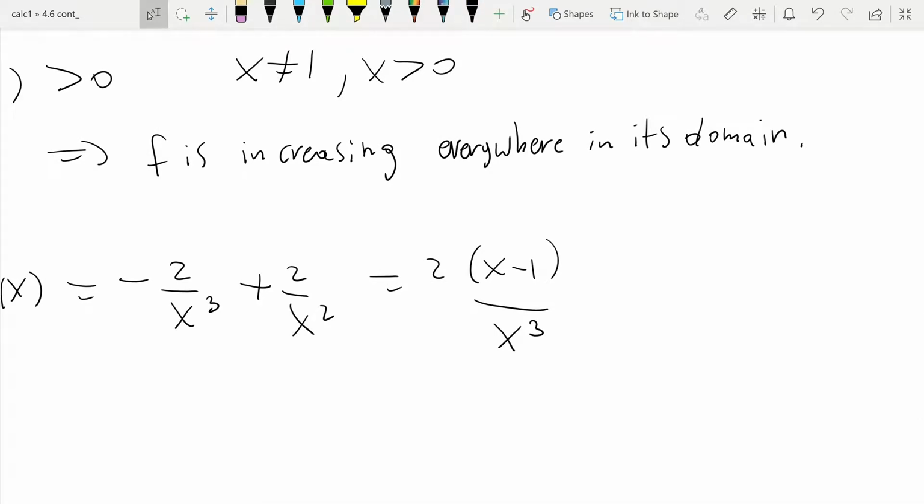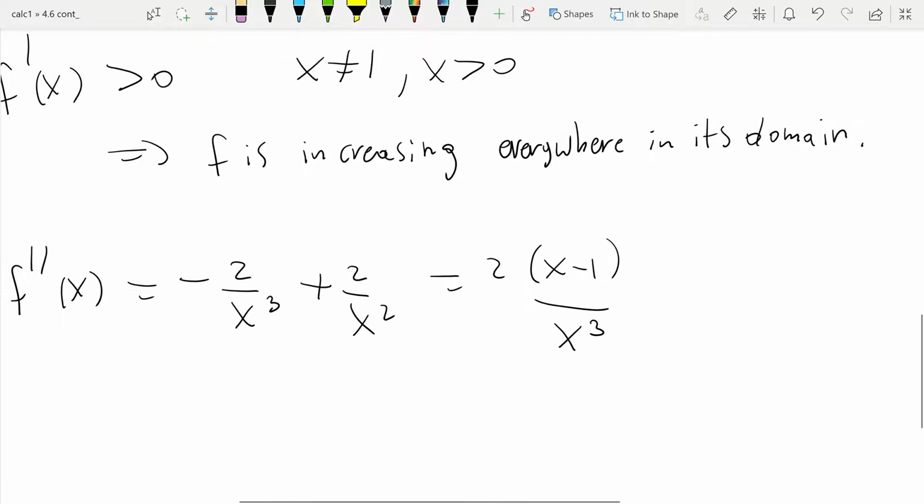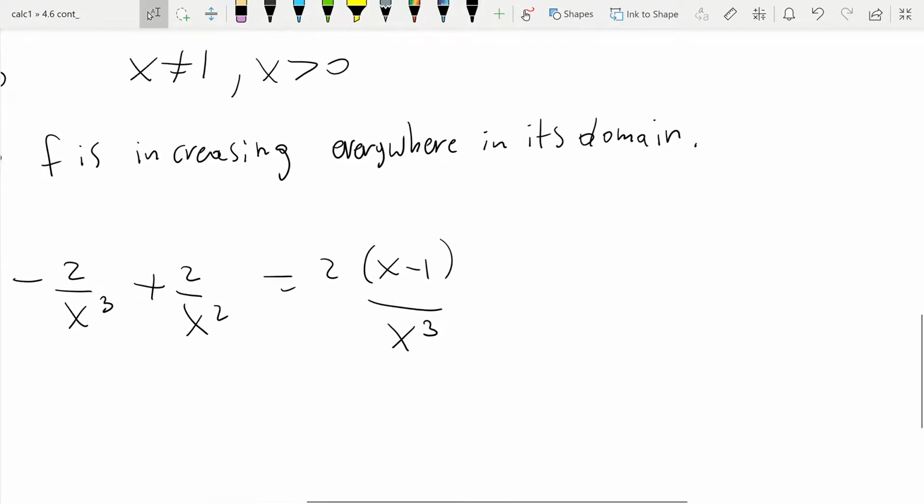And here again, we just see that the 2 over x squared comes from dividing x by x cubed multiplied by 2, and then the second term is minus 2 over x cubed, which is here. Okay, so we need to find the points where this becomes undefined or 0, and in the domain of f.